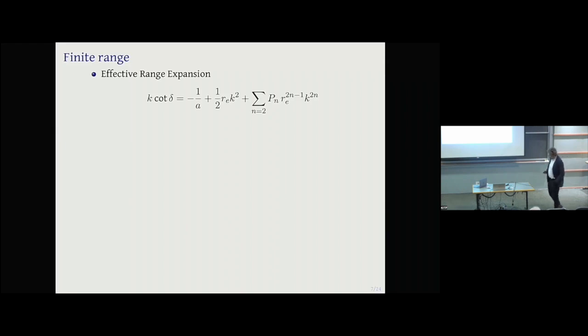What happens is that if we look at this regime where the scattering length is much bigger than the typical interaction length, these shape parameters, which in principle could be of order 1, happen to be very small. This has been known since the time of nuclear physics. They already noticed this, and this is true also for helium-4. That means that in first approximation, we can truncate this effective range expansion to this order. So I have 2 parameters now.